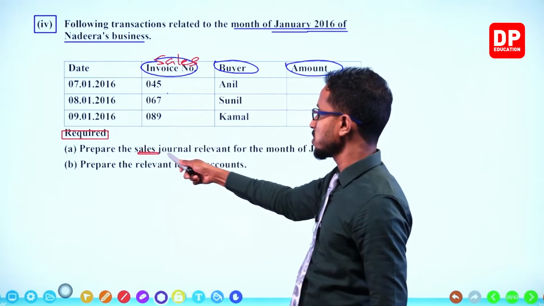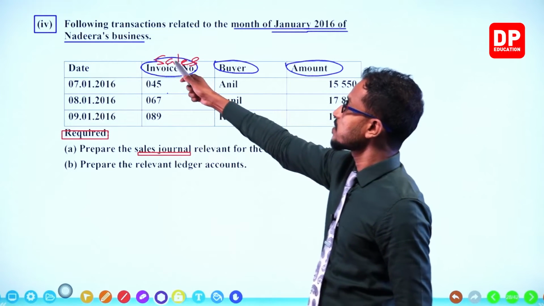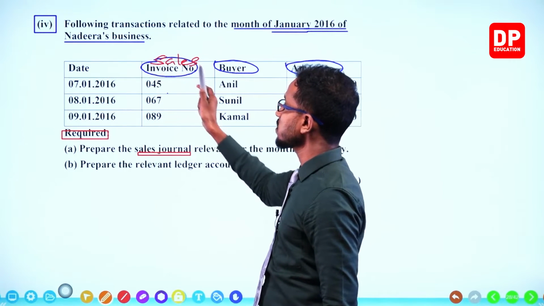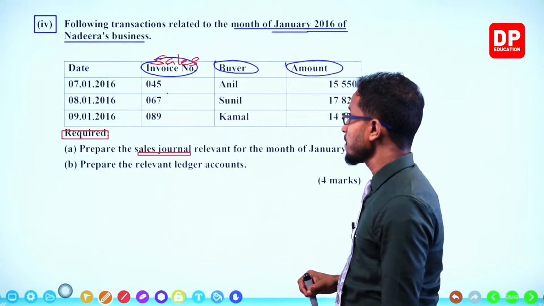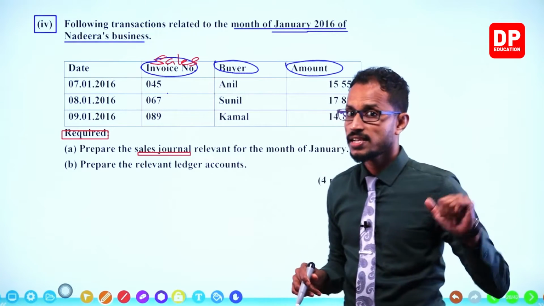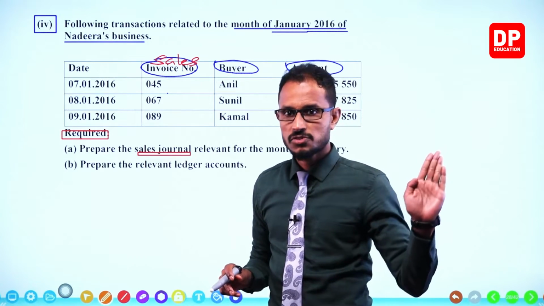It's a sales journal that they ask, because these are credit sales. Sales invoices are for credit sales. Purchase invoices are for credit purchases. Invoices are not issued for cash transactions.